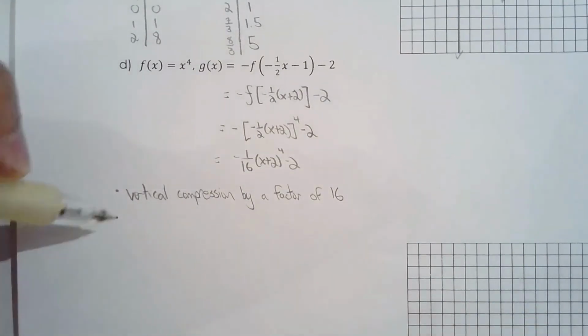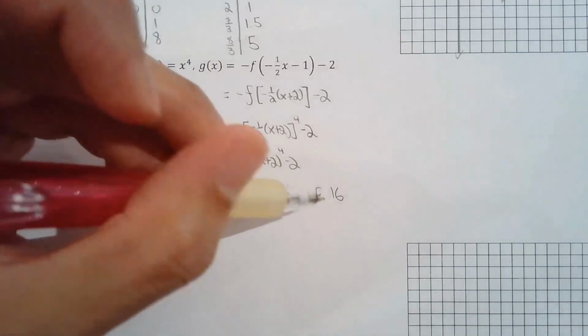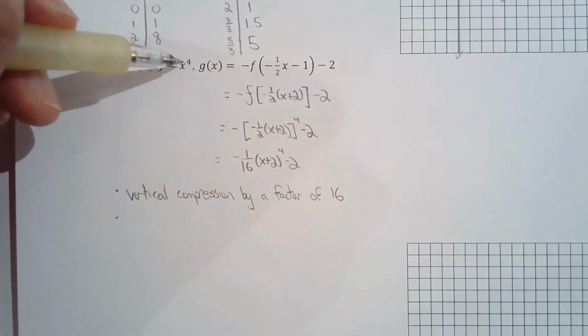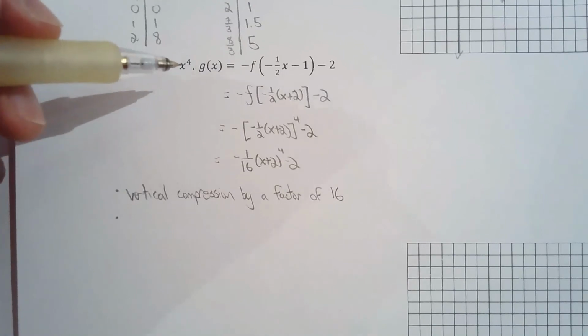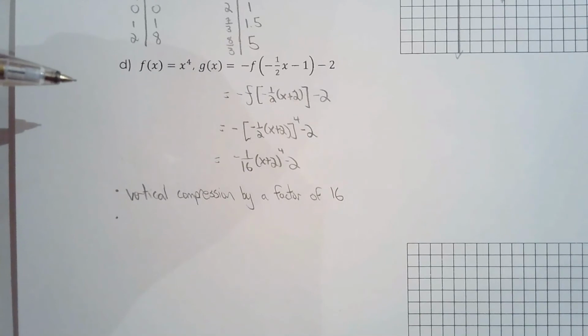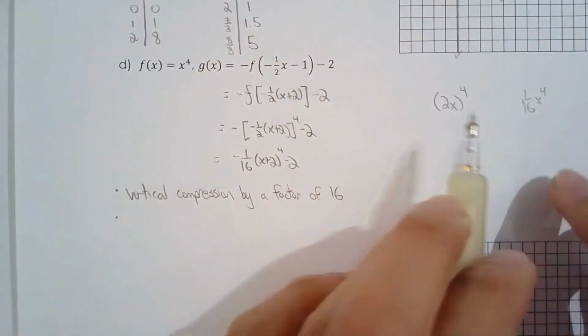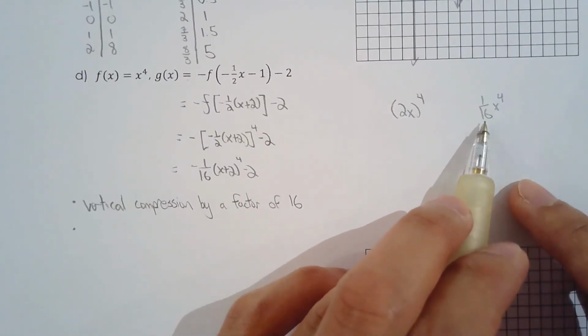So the last comment I'm going to add is that a vertical compression by a factor of 16 to a quartic is equivalent to a horizontal stretch by a factor of 2, because if you did 2x to the 4 and 1 over 16x to the 4, so this is a vertical compression by a factor of 16.